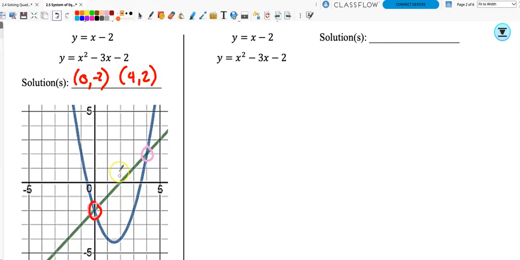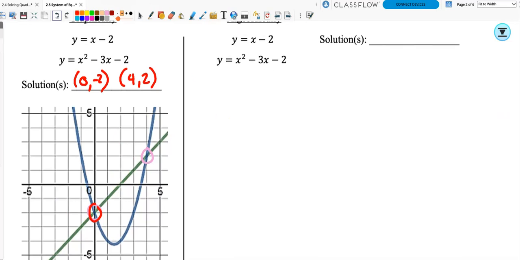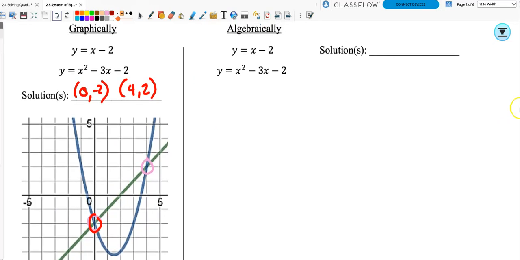Now, if you didn't have a calculator, you could do that algebraically. To do that, you're going to set them equal. They're both equal to y, therefore they are equal to each other. So I would have x squared minus 3x minus 2 and set it equal to x minus 2. Now to do this algebraically, I'm either going to factor or use the quadratic formula.